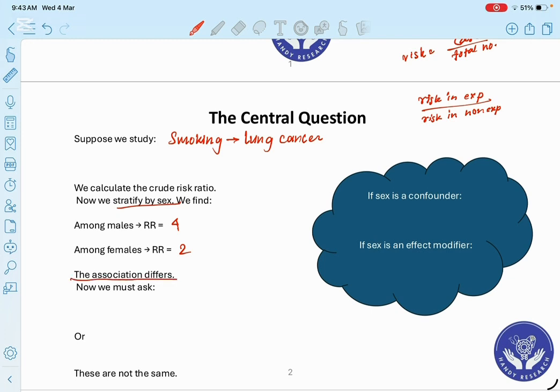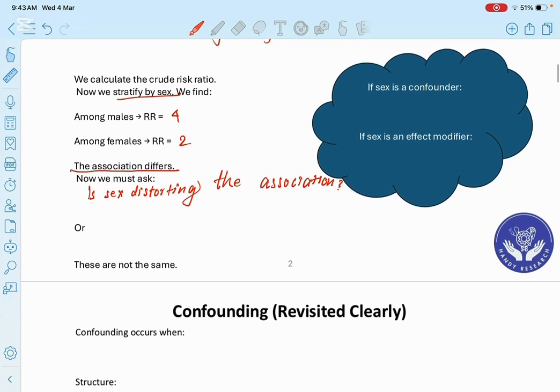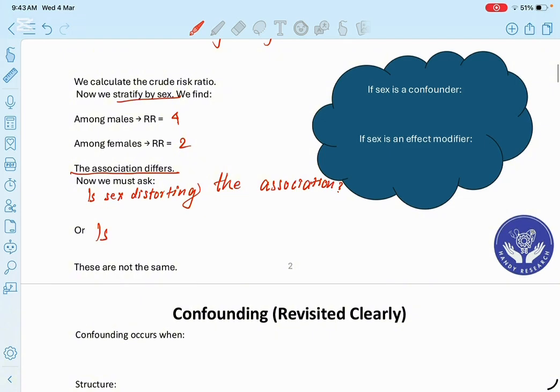The association differs. Now we must ask, is sex distorting the association, or is sex changing the strength of effect?